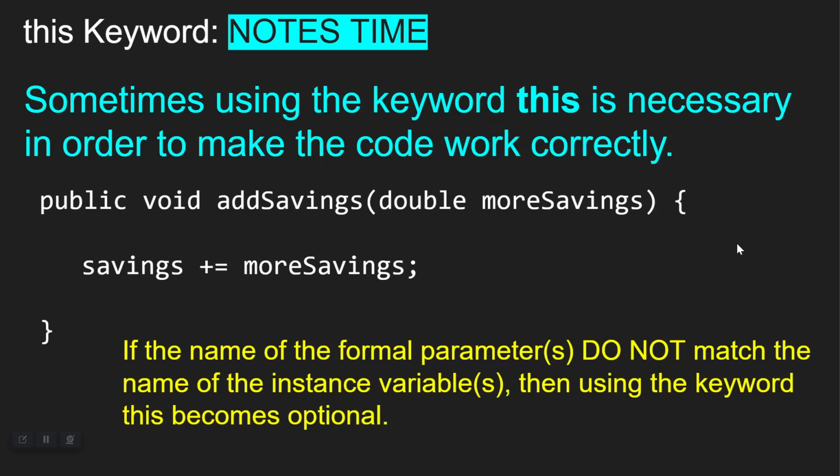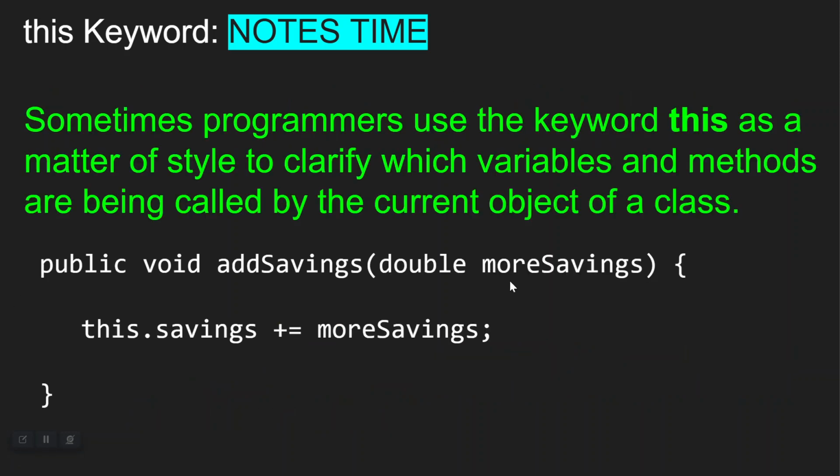Of course, if the name of the parameter here does not match the name of the instance variable, then using the keyword this becomes optional. So if you call your parameter moreSavings, you can say savings += moreSavings, and you're good to go. You don't have to have the this.savings on there. However, sometimes programmers use the keyword this even if it's not necessary. They use it as a matter of style to clarify which variables and methods are being called by the current object of a class.